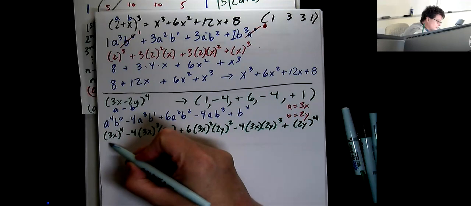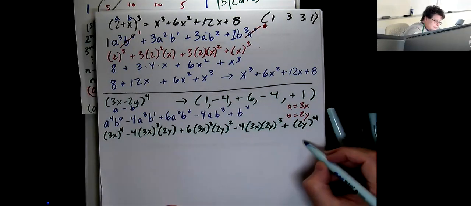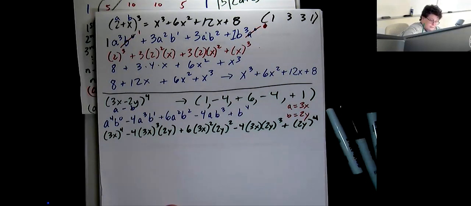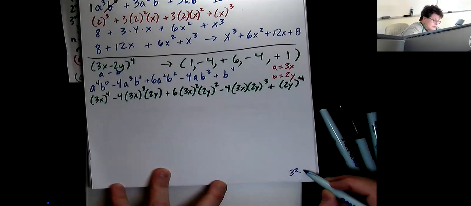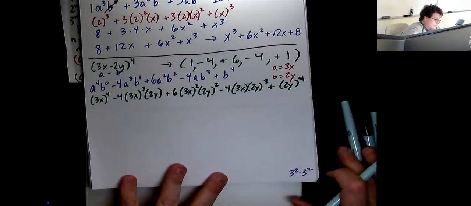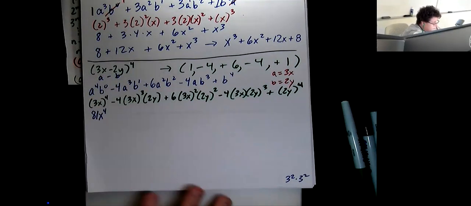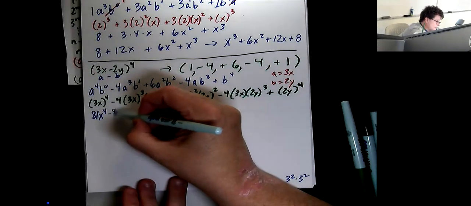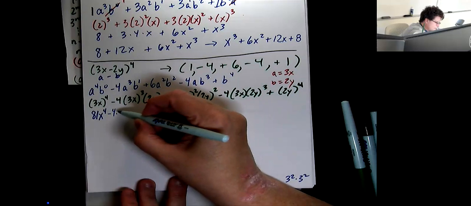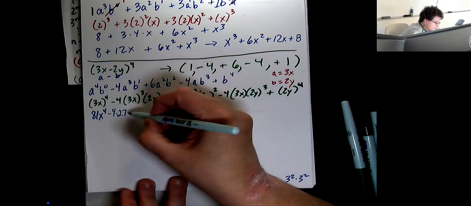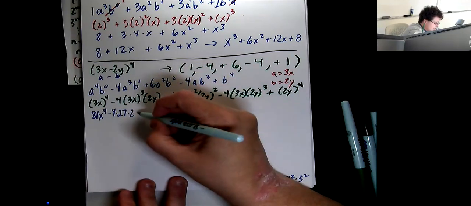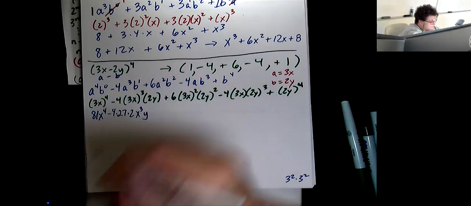So 3 to the 4th is like 3 squared times 3 squared, 81. So this one is 81x to the 4th. This is going to be minus 4 times 3 cubed, which is 27, times 2. And I have an x cubed y.